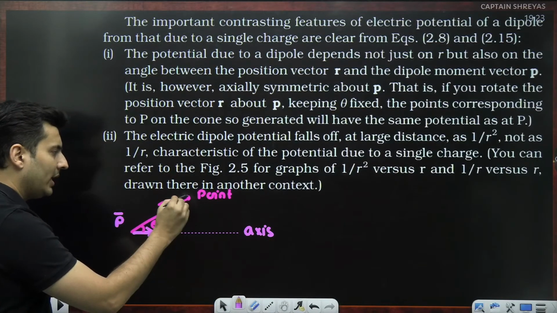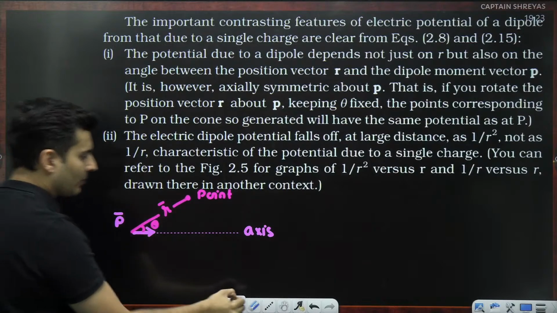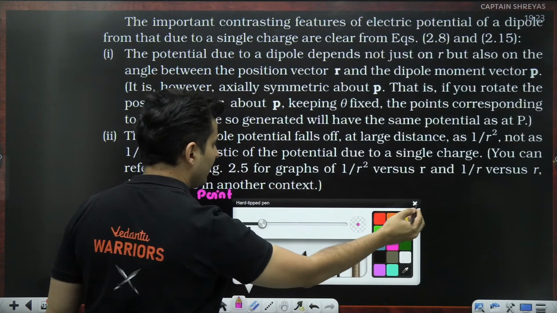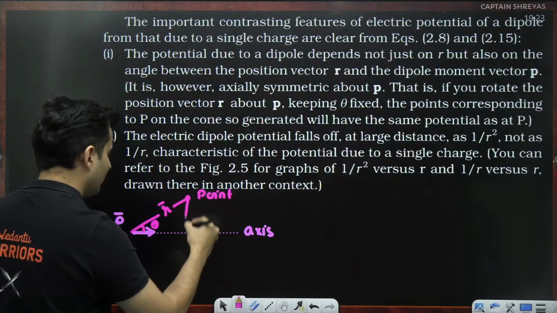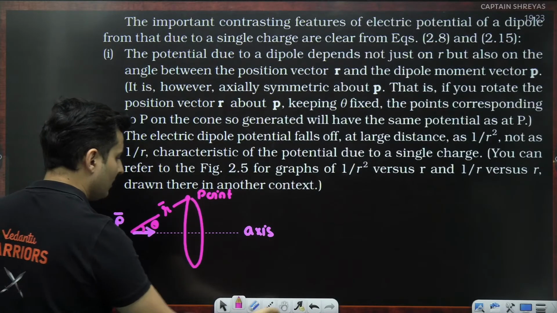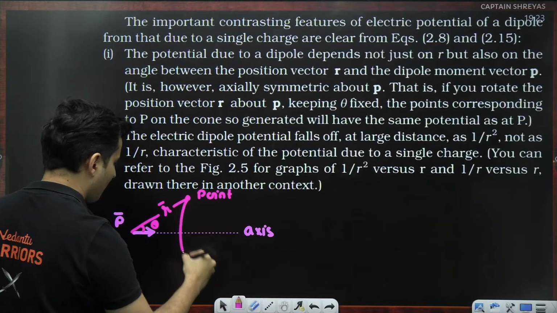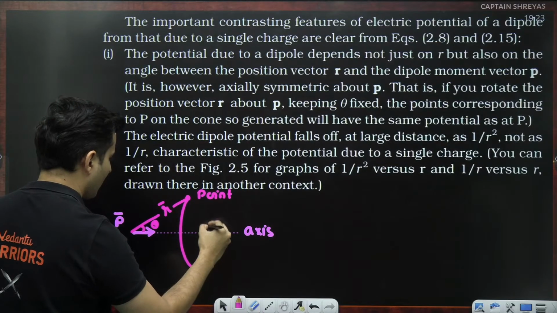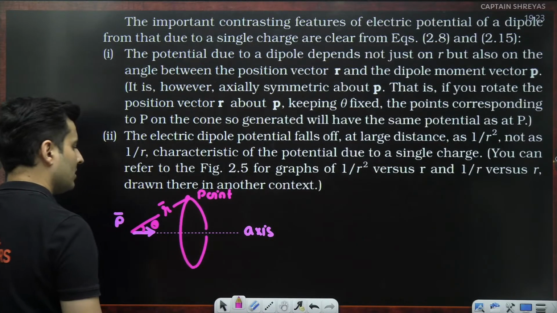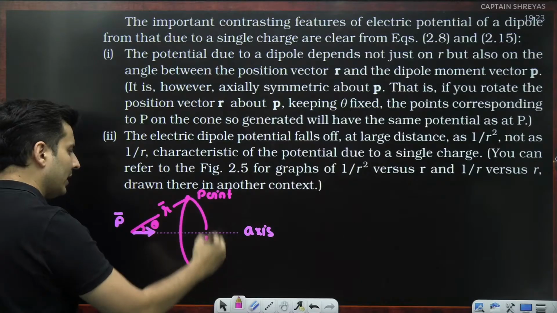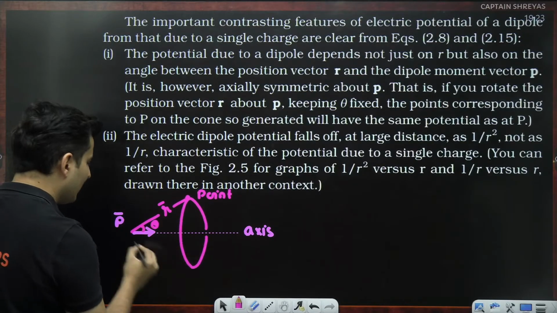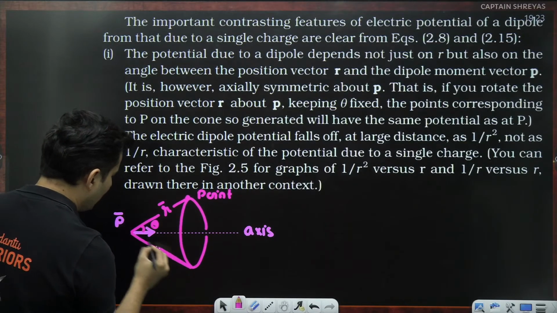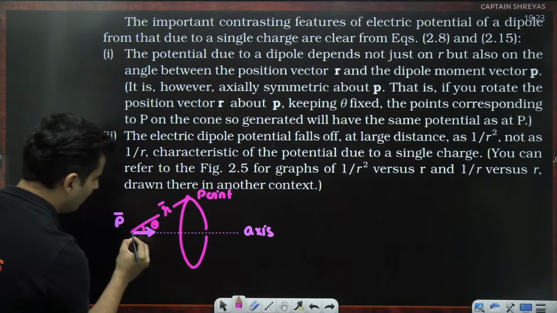You take this point and rotate it in 3 dimensions. Just visualize this, guys. Rotate this in 3 dimensions with this as your axis. You will see at all these points, the potential will be the same. This will behave like a cone.